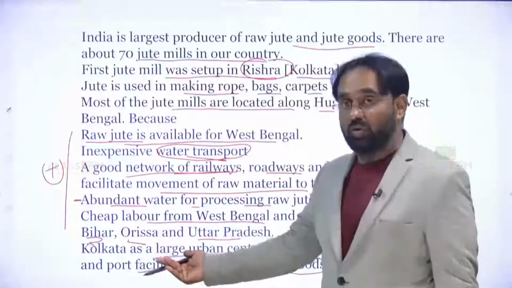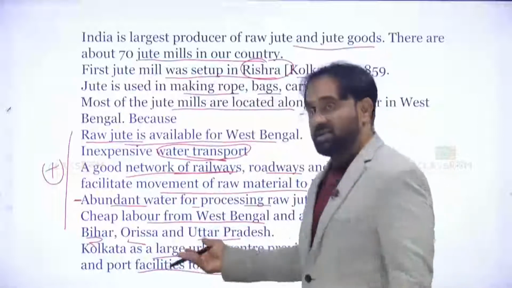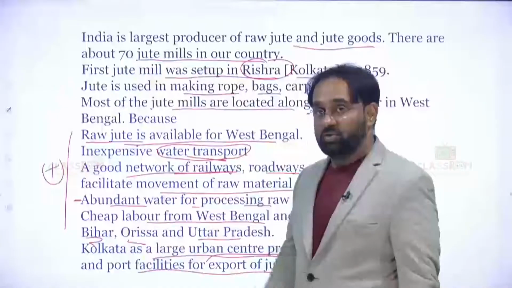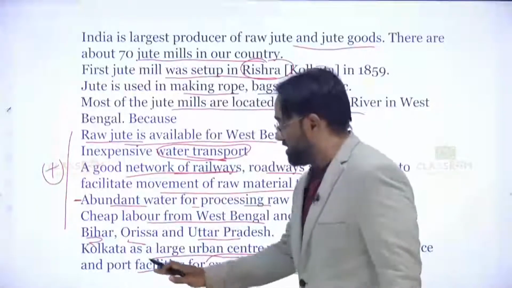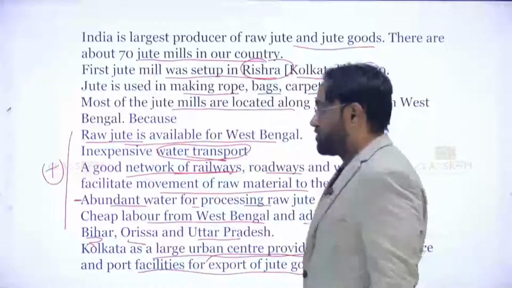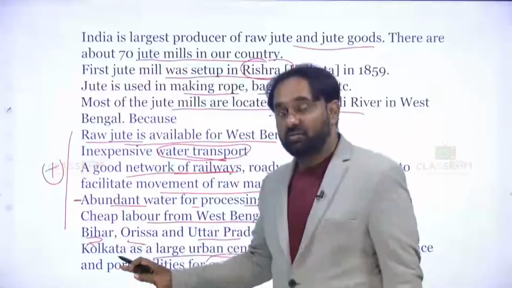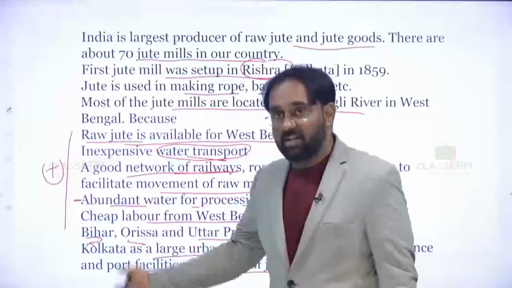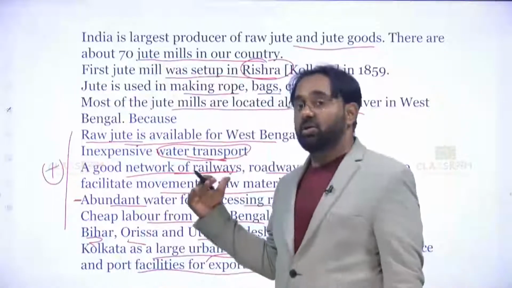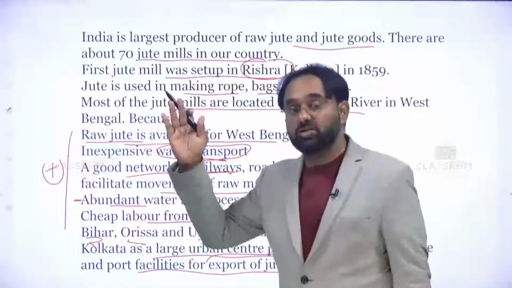Kolkata is a huge metropolitan city with all these urban institutions. So not only within India do you have better road and railway transport, but outside India also you have port facilities from where you can directly export to other countries.